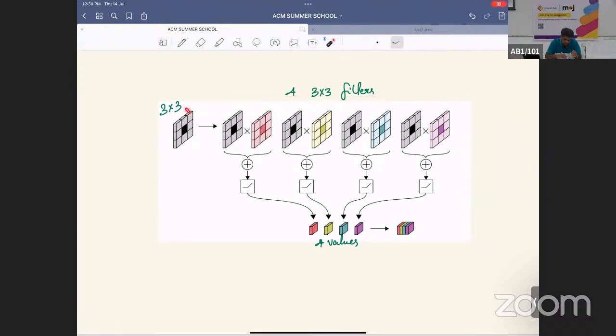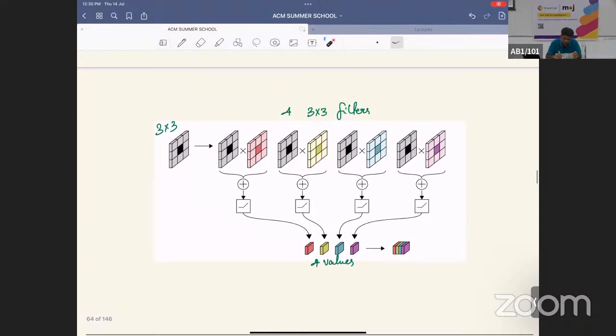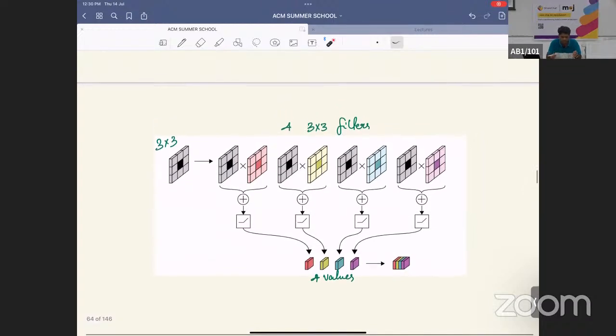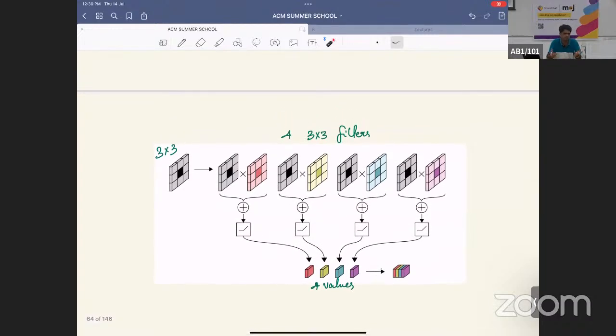Here, the input is the same for each of them, right? But the weight matrix is comprised of 4 into 3 into 3 weights. The first channel of this weight matrix, the filter, takes an inner product with the input, which is passed through a nonlinearity, and you get an output. Then the second channel of the filter, because the filter itself is now a tensor like this, right?